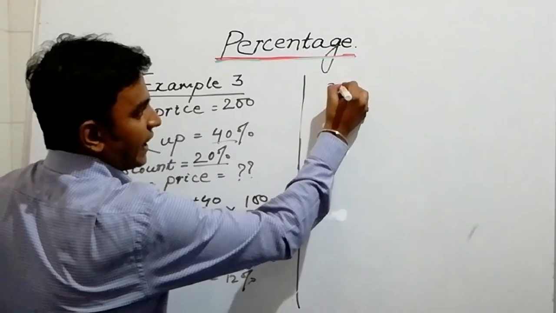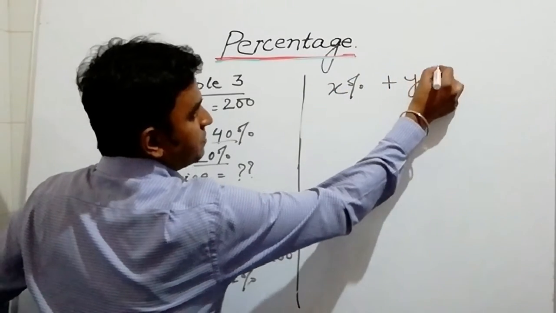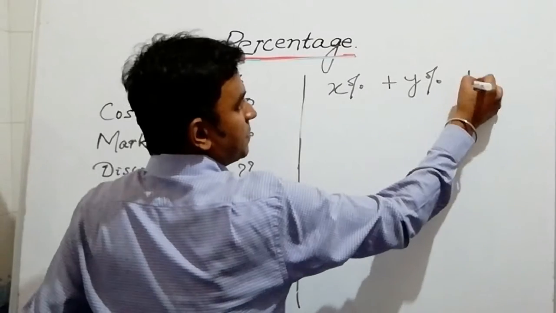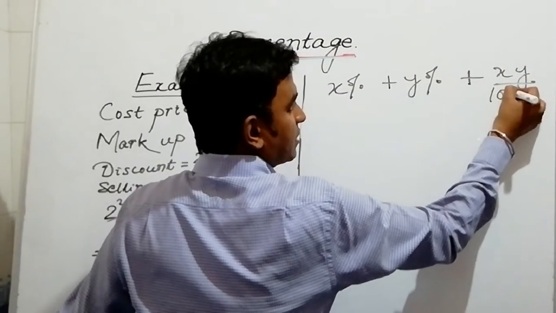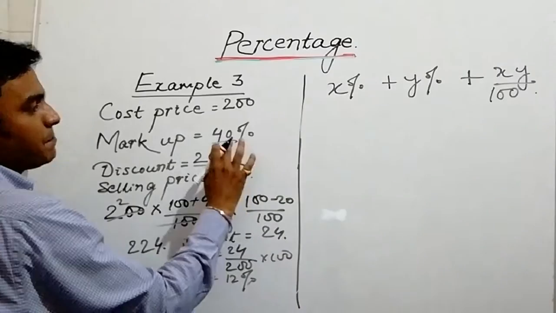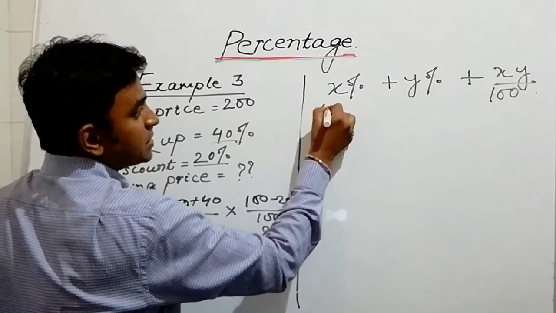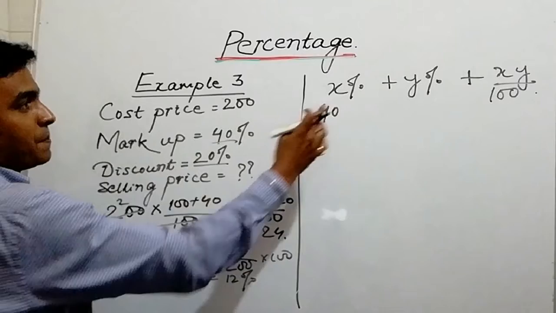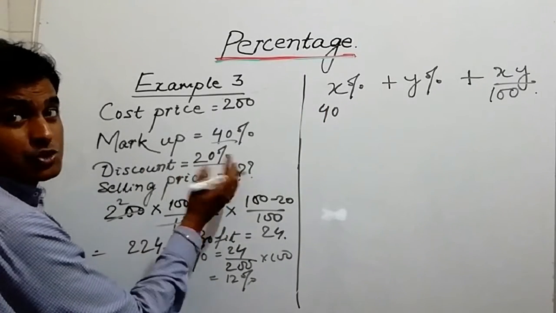Which is x percentage plus y percentage plus xy divided by 100. So इस केस में क्या है? पहले increase है 40%, so 40% यहाँ पे plus y. So here there is a discount. So this is minus 20.